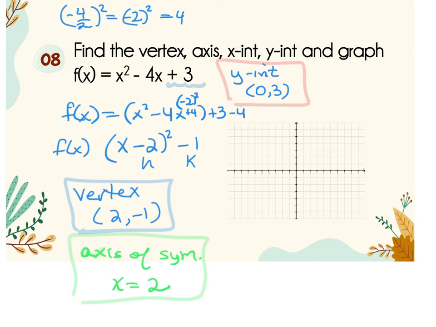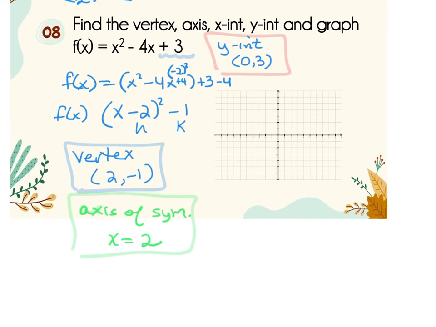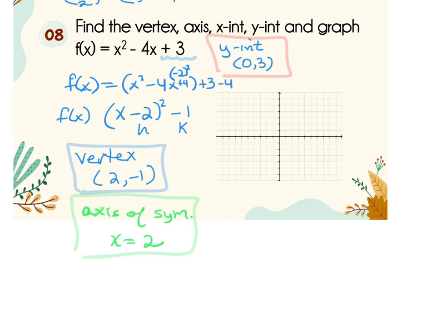Now I'm also going to go back and also find my x-intercepts. Let's go ahead and do that now so we don't have to approximate it. So for my x-intercepts, remember you set y equal to 0. You can use either format.